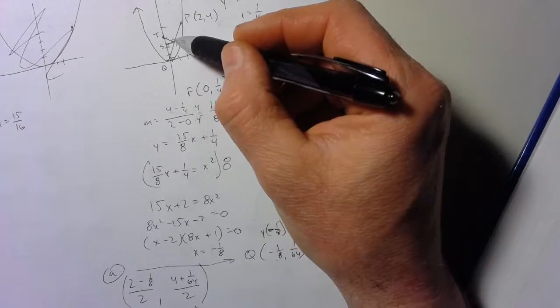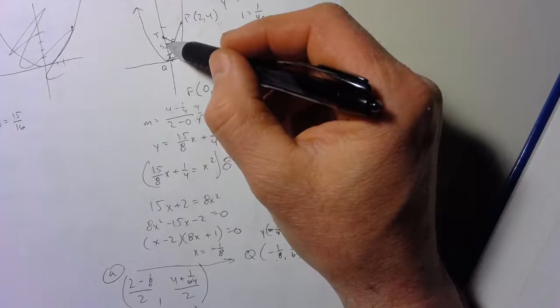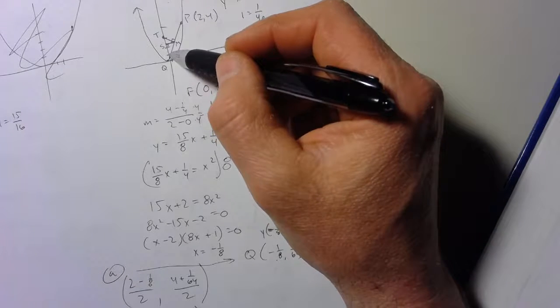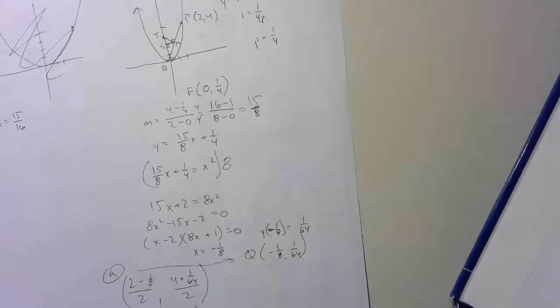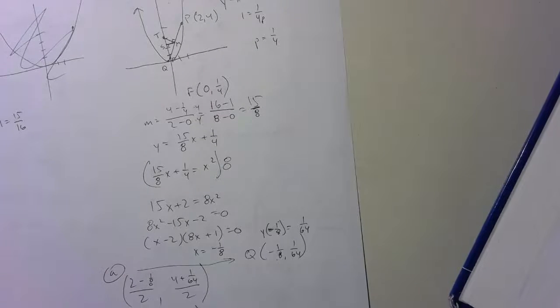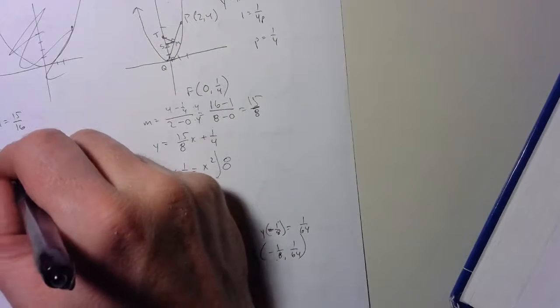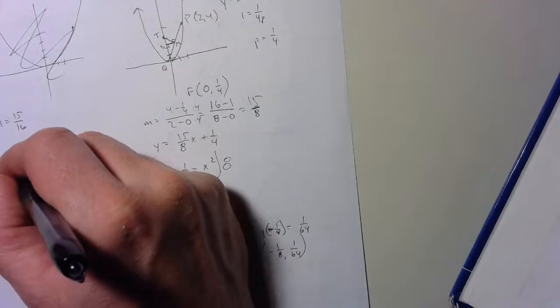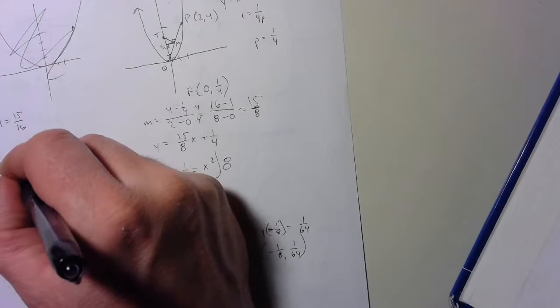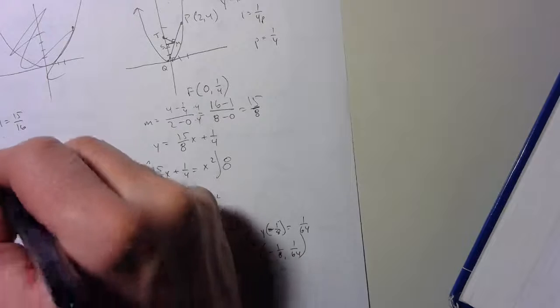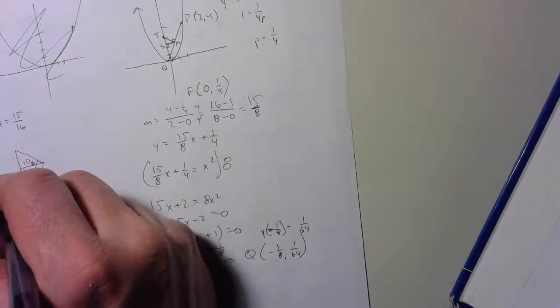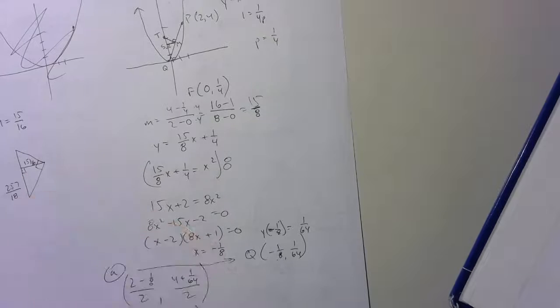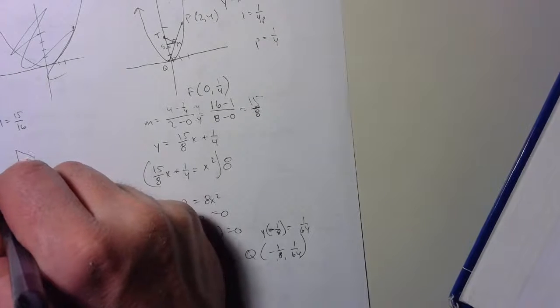We know what this length is here, 257 over 128. What we could do right here, and I guess we have a couple options: if we think about our triangles here, we can use geometric means because these are all right angles. So this is 15/16, and this is 257 over 128.